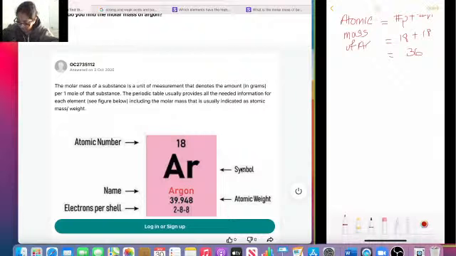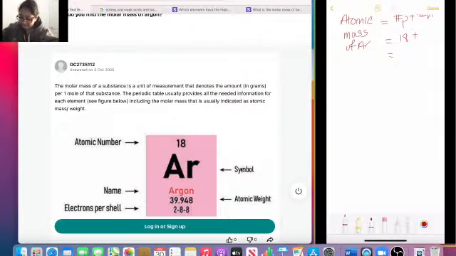and so since it's 39.948, we can say 39.948 minus 18.